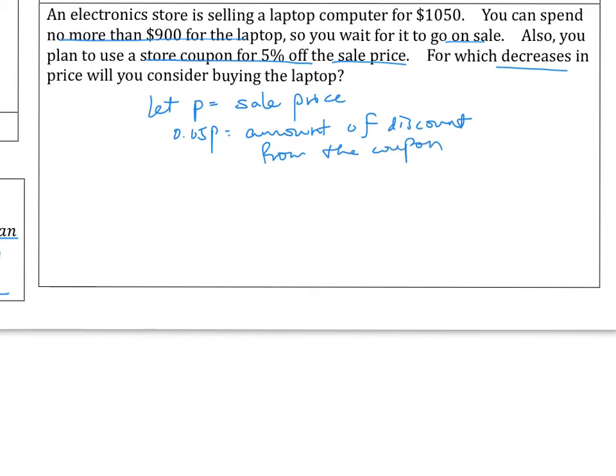So when I set up the inequality, I need to take P, the sale price, and subtract the amount of discount from the coupon. And I don't want to spend any more than $900, so less than or equal to 900.